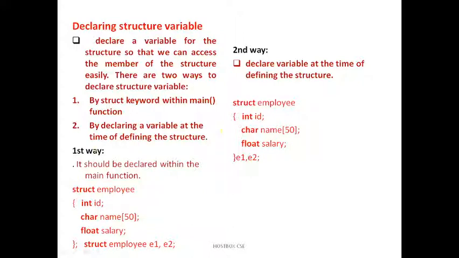For example, I am going to create an employee database. So I use struct employee with an integer ID, the name of the employee, and salary. I want to save two members' data, so I can use employee e1, e2. This is the method of how to declare the structure.